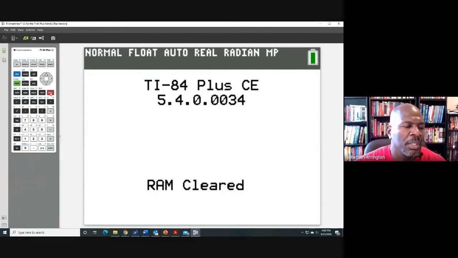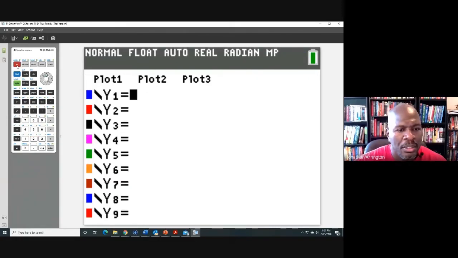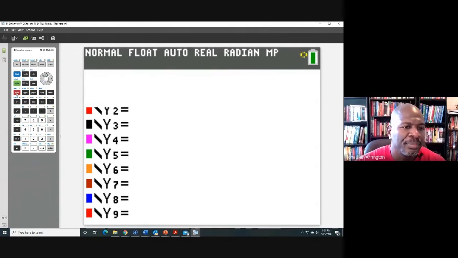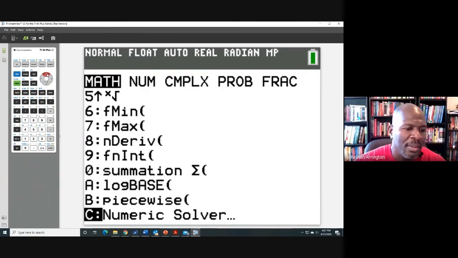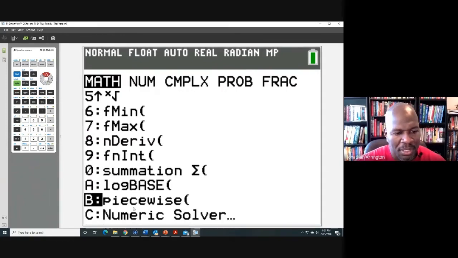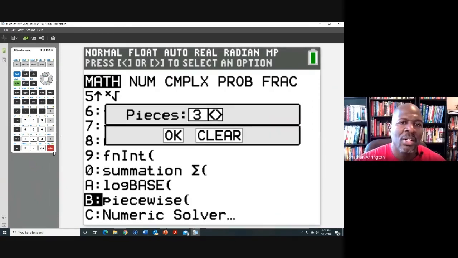Okay, so I'm going to go to y equals. So if ever you need to graph a piecewise function, hit the math button if using the TI-84. And way at the bottom, you'll see piecewise. So I'm going to select piecewise. Now I want to know the number of pieces. So pieces are the number of functions you see.